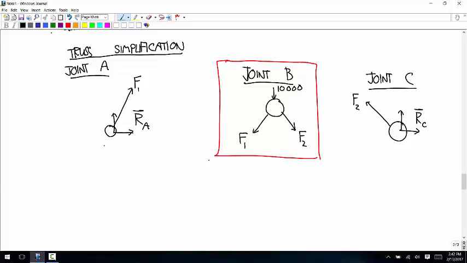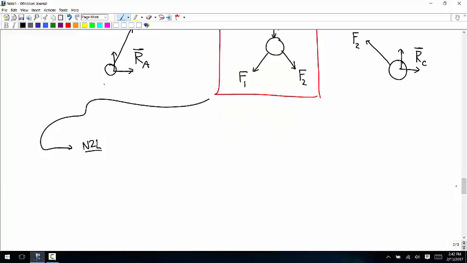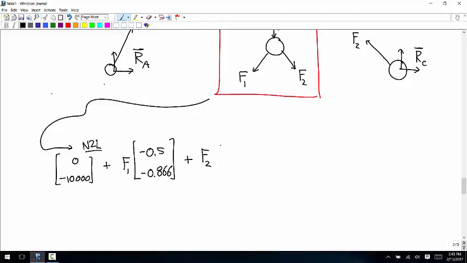All right, so we'll go from this to Newton's second law. And Newton's second law says 0, negative 10,000, plus F1 times a unit vector in that direction, which is negative 0.5, negative 0.866, plus F2 times a unit vector in that direction, positive 0.5, negative 0.866, is equal to zeros.